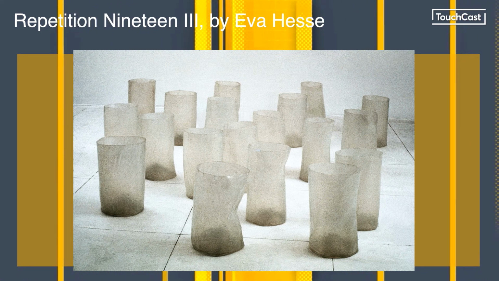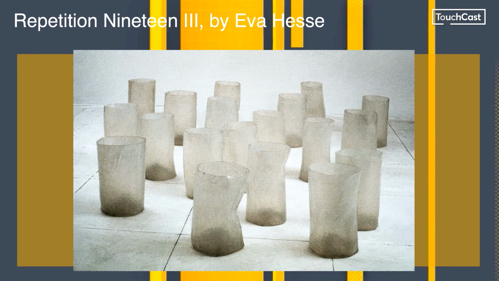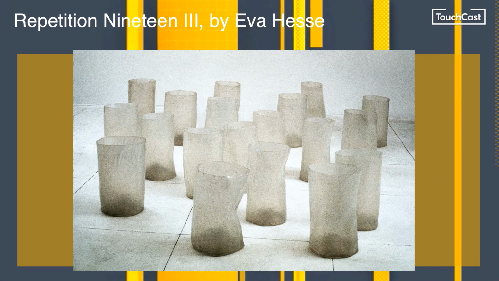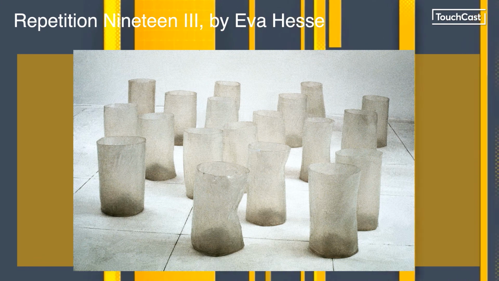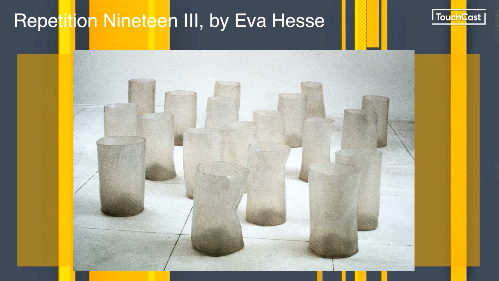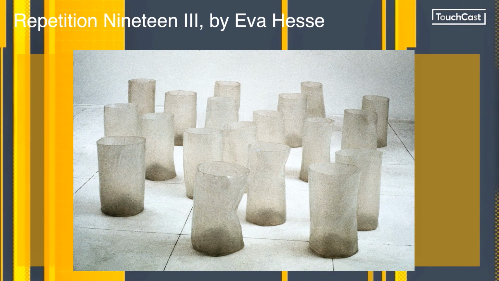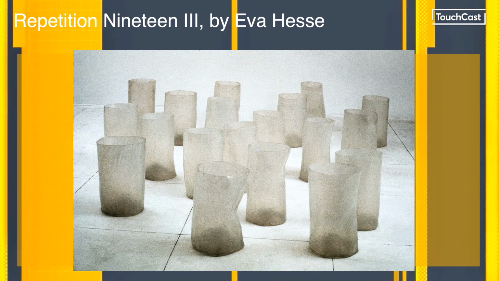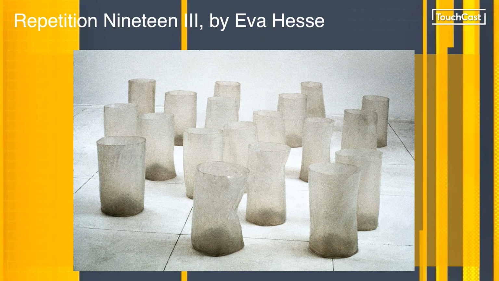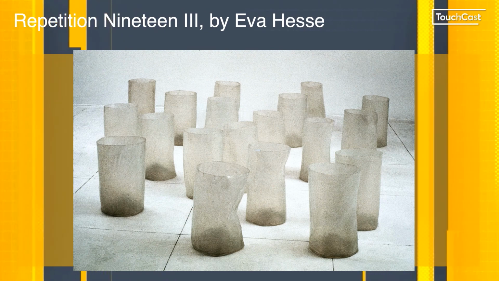Okay, so what you can see right now is another artwork. This one is Repetition 19, the third, by Eva Hesse. This is image 5, and I want you to describe what you see. Keep in mind the shape, color, and arrangement of forms, how they are put together. You can Google this later and read about it online.